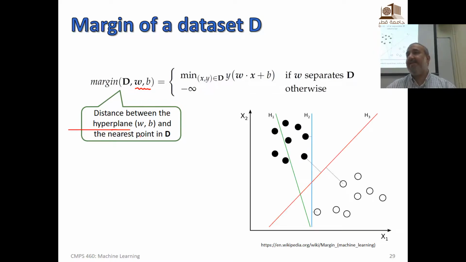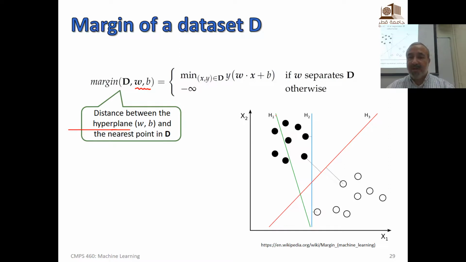Let's see an example. Let's assume that these are the training examples. Let's assume that this is positive and this is negative, for example. And first tell me if this data set is linearly separable or not. It is, right? It is linearly separable. We can find a hyperplane that will separate both types of examples.